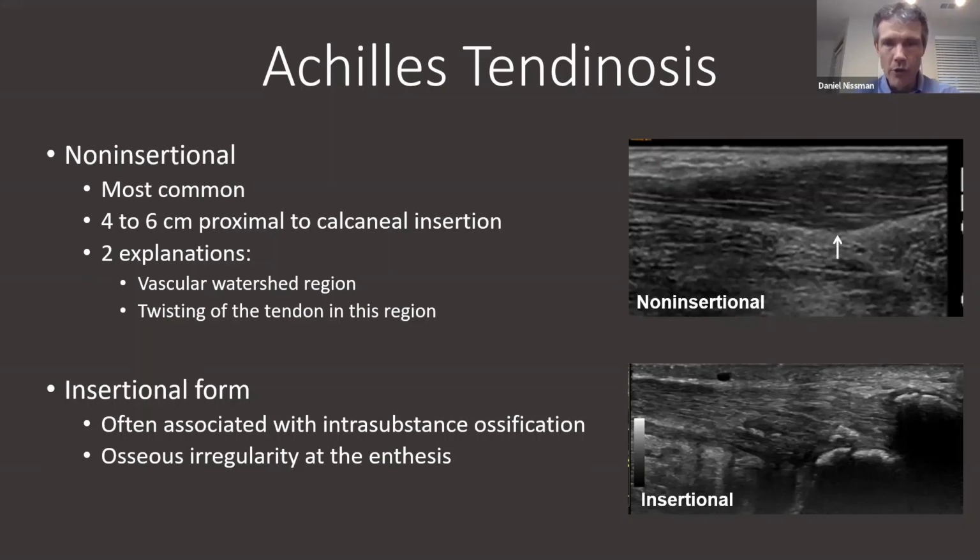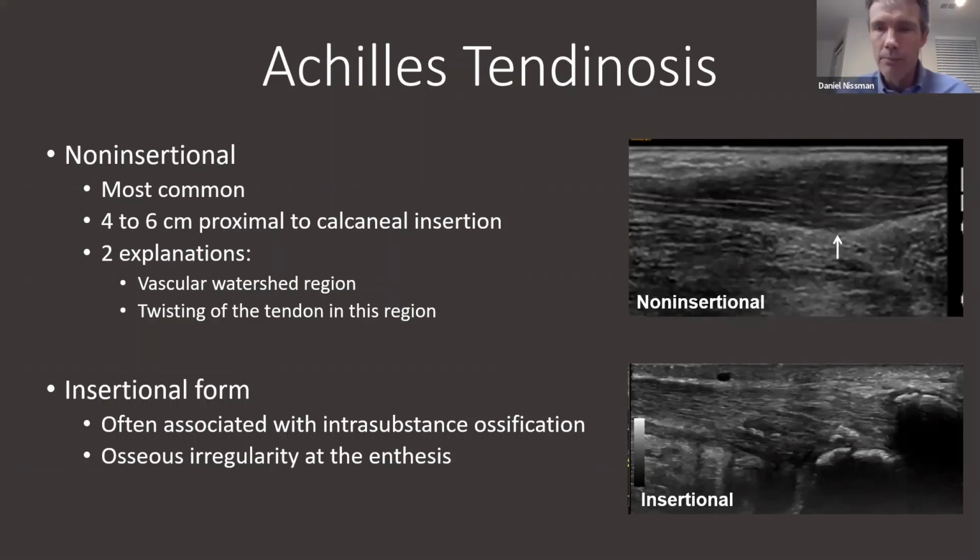There's also an insertional form, which we can see here. This is calcaneus, and it's enlarged here. You see a lot of bony irregularity. Insertional Achilles tendinosis behaves like tendinosis elsewhere in the body in that it really occurs at an attachment site.